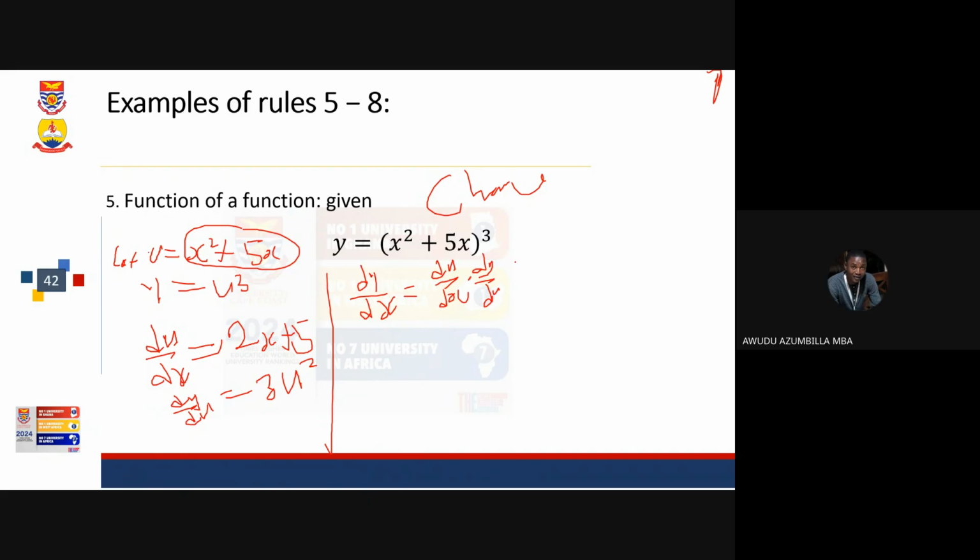So we have differentiated du dx, which is equal to 2x plus 5, and dy du, which gives us 3u squared. Let me rewrite this nicely: we get 3u squared multiplied by 2x plus 5.